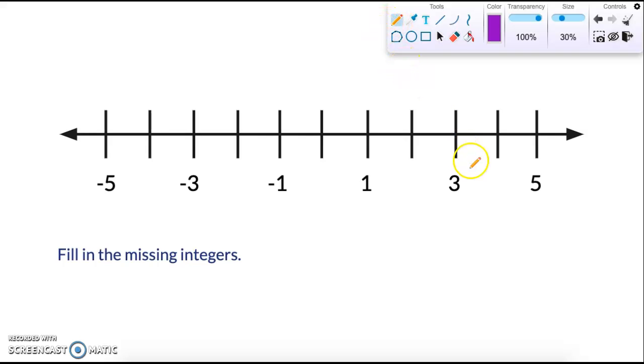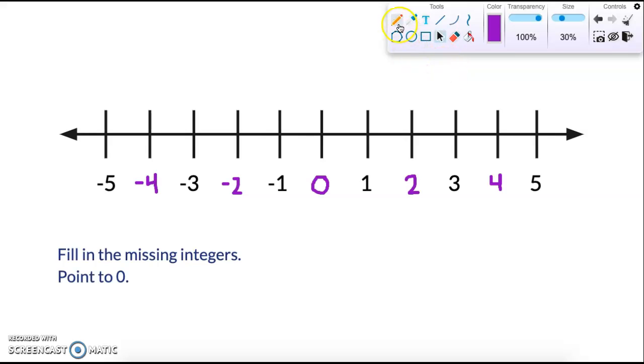This time I might want to start filling it in from the positive side just because my brain is more used to positive numbers. So 5, and 3, in the middle of those is 4, 3, 2, 1, 0, -1, -2, -3, -4, and then -5.